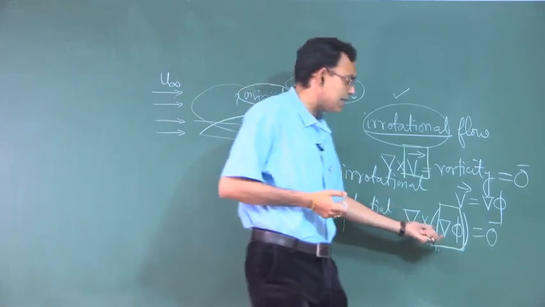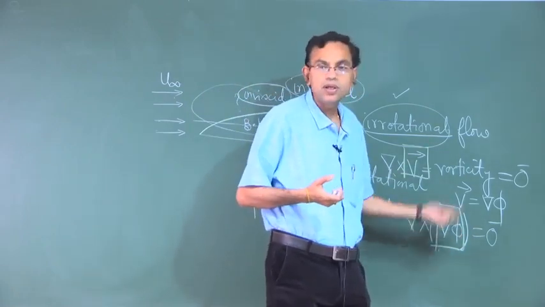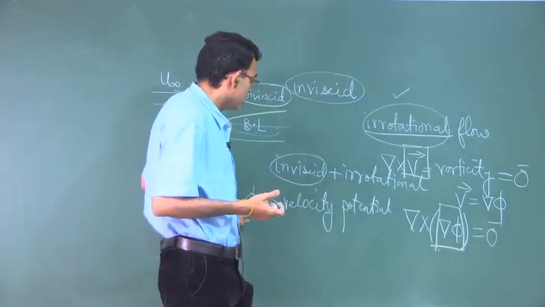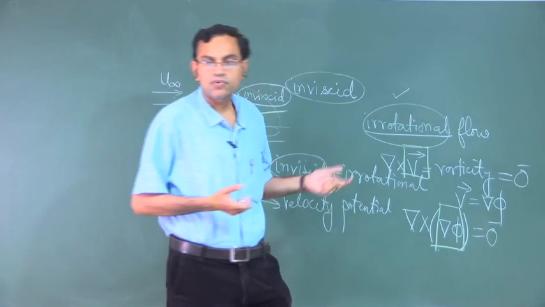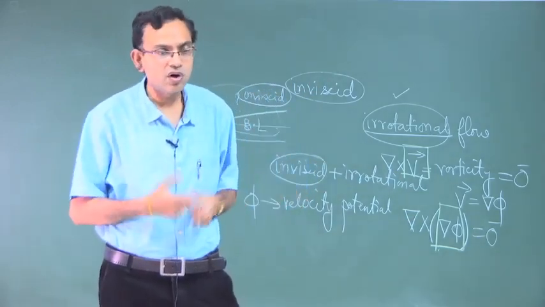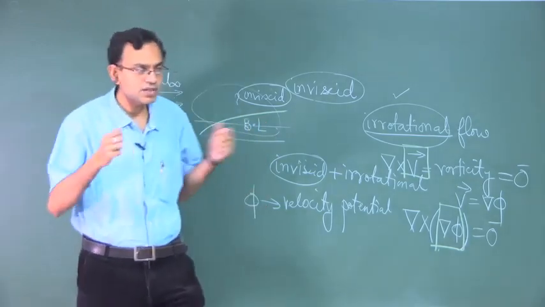So is this just a mathematician's dream of doing good manipulations to find out the velocity potential for problems which are representatives of irrotational flows, or is there a practicality towards it? So let us try to answer this.